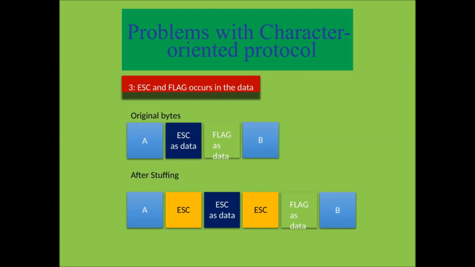After stuffing, in the next scenario you can see we have inserted a flag, we have inserted escape, and we have inserted escape as data. One escape byte is inserted with A, one escape byte is inserted with B as well as the flag, and escape as data is inserted previously. In this way we will control the problem of the same bytes occurring in data as well as flag and escape character.